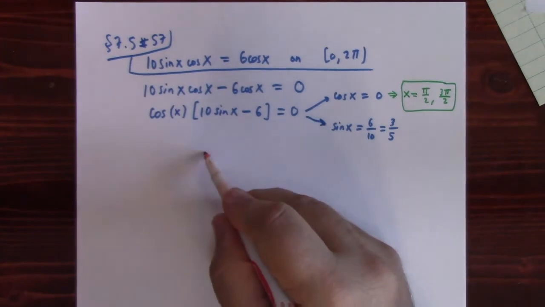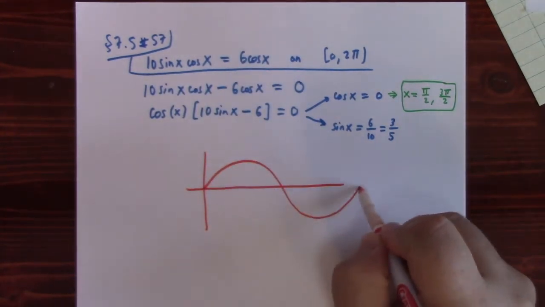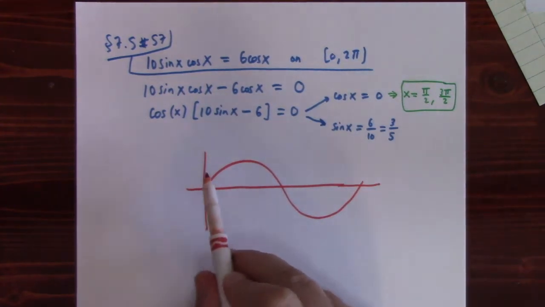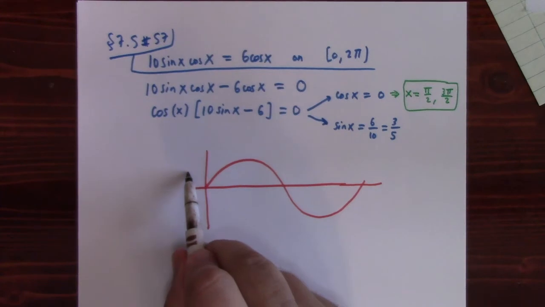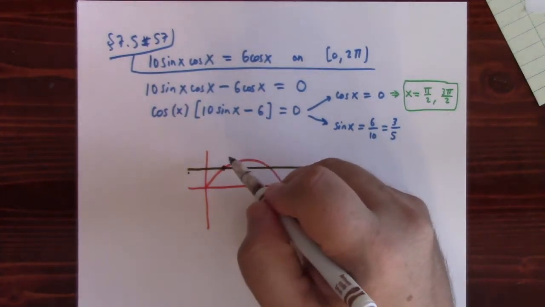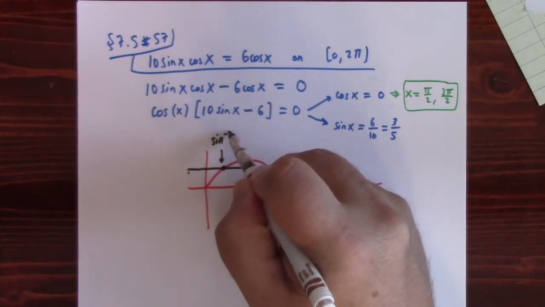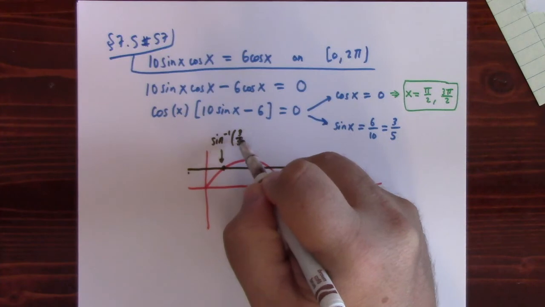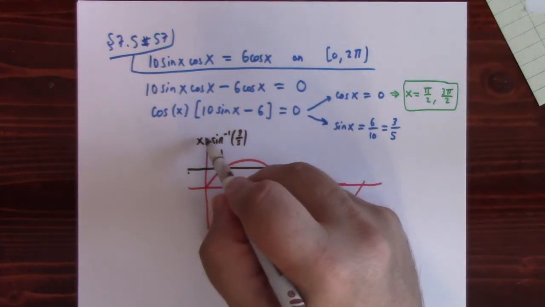Sine, right, so 3/5 is right up in here somewhere, right? So the calculator is going to give us that answer. Sine inverse of 3/5 is going to give me x equal to that.